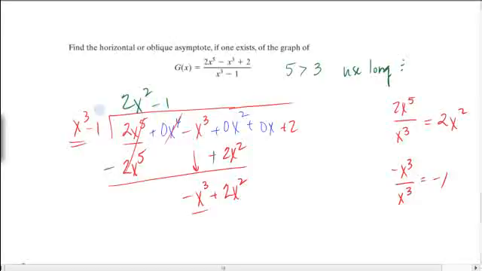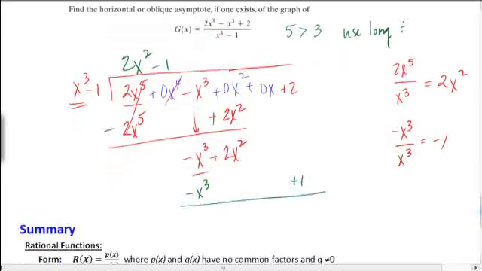Negative 1 times x cubed is negative x cubed. Negative 1 times a negative 1 is a positive 1. Okay? Make sure that we change our signs, and then let's add straight down.